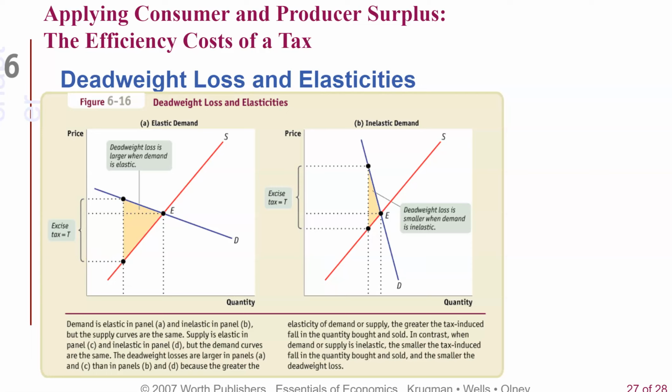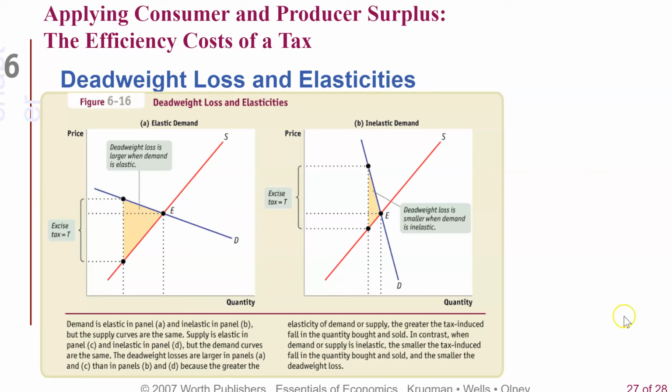So in this case, what we see is a big area of inefficiency. I mean, look at the deadweight loss. It's much larger here because demand is elastic. The goods are sensitive to changes in price. But we see that the producer is actually bearing most of the burden. It's much less on consumers because of the concerns that consumers will just walk away because the price point is not there.